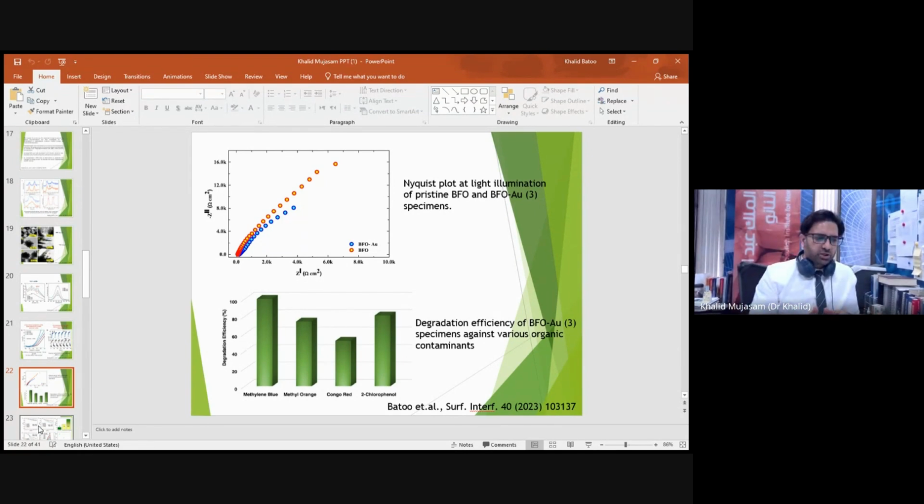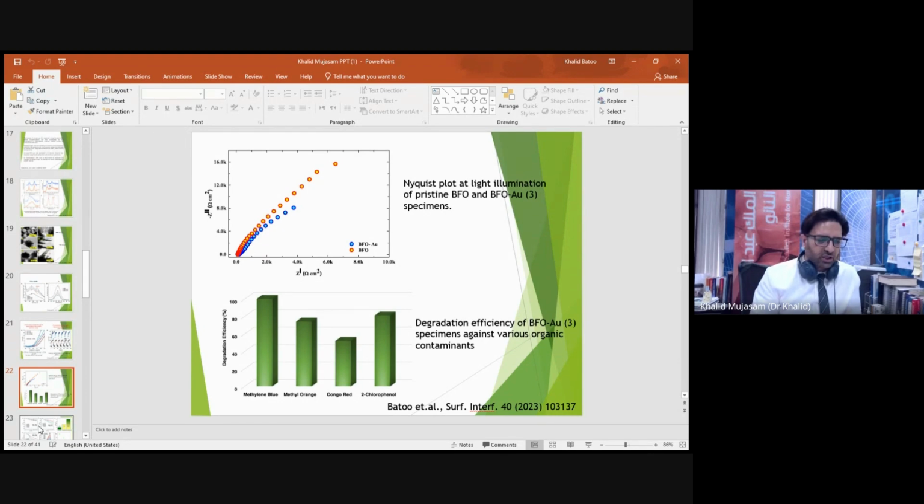Looking at the degradation part, since we used this material for hydrogen production, we also tried, is it possible to treat water, where nowadays we see there are a lot of chemical impurities mixing with the water, and we wanted to remove these.